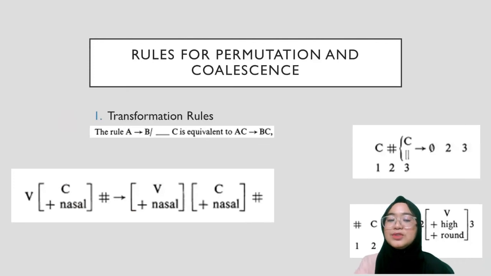Next, we're going to talk about rules for permutation and coalescence. It is differentiated by the transformation rule. The rule A B becomes C is equivalent to AC becomes BC.